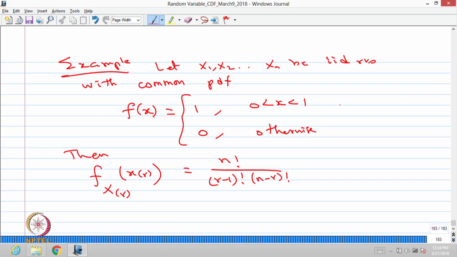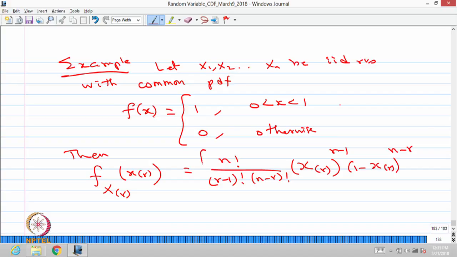You substitute the CDF, x(r) to the power r minus 1, and 1 minus the CDF, that is 1 minus x(r), to the power n minus r, multiplied by the probability density function, that is 1.